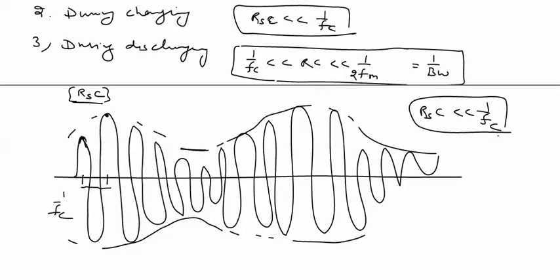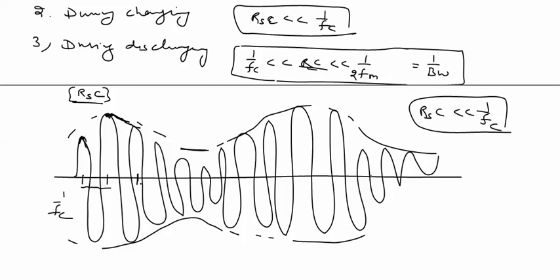For discharging, the time constant RC should be greater than 1 upon fc, meaning the time between two cycles. Before the next cycle comes, during discharging, this peak should follow the message signal.